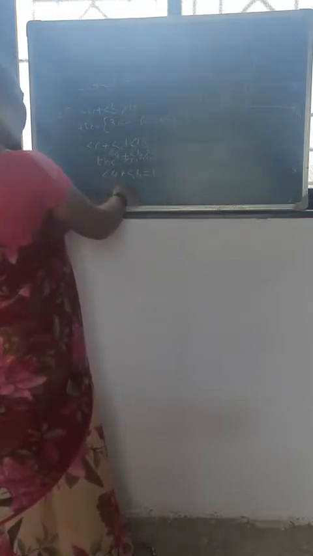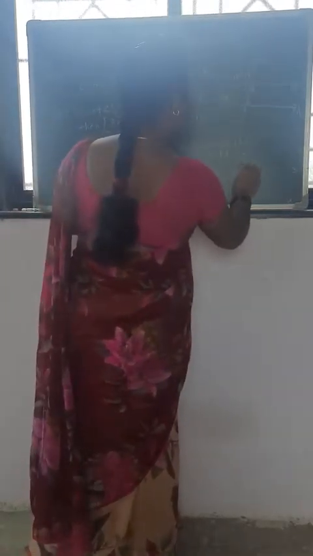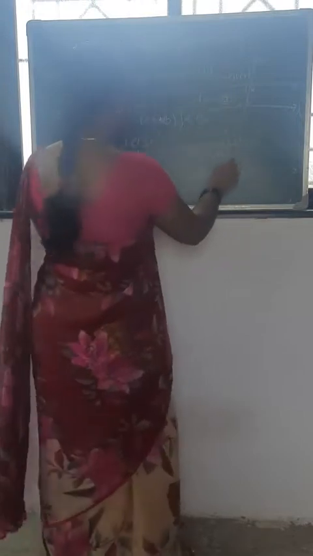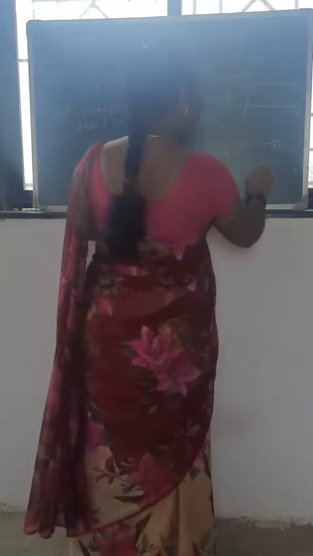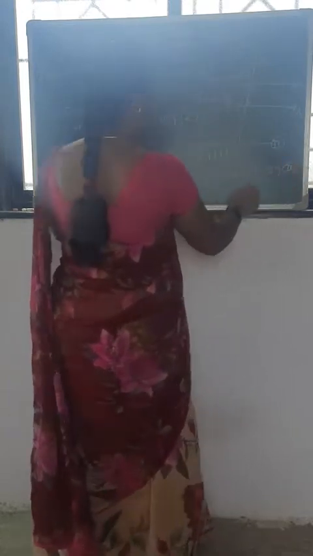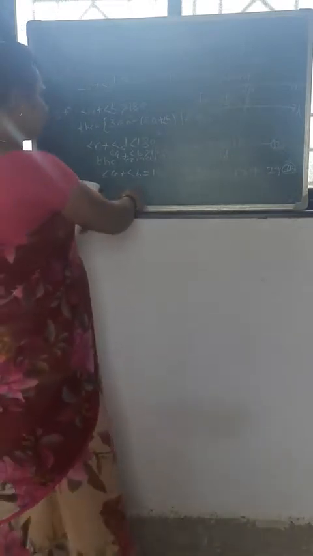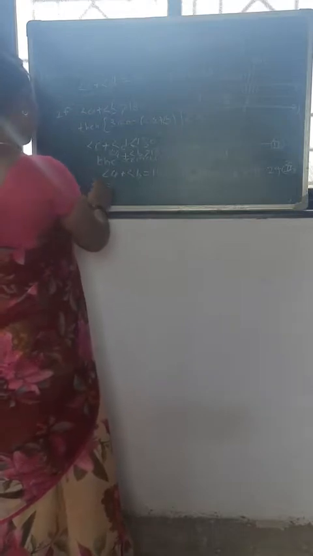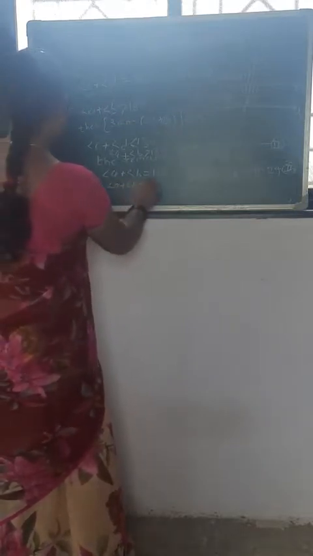Then angle A plus angle B is equal to 180 degrees is true from equations first and second. Therefore, angle A plus angle B is equal to 180 degrees.